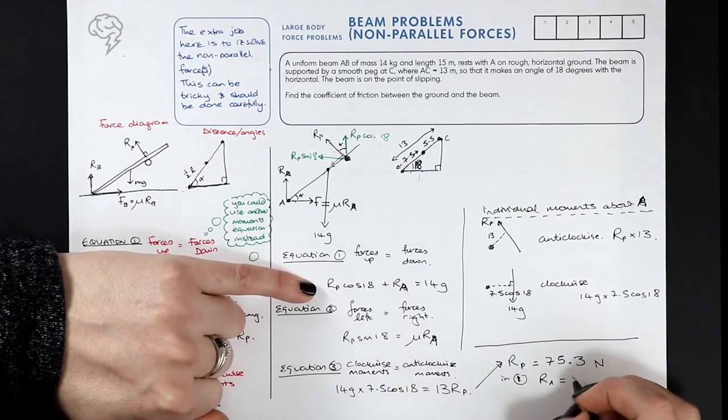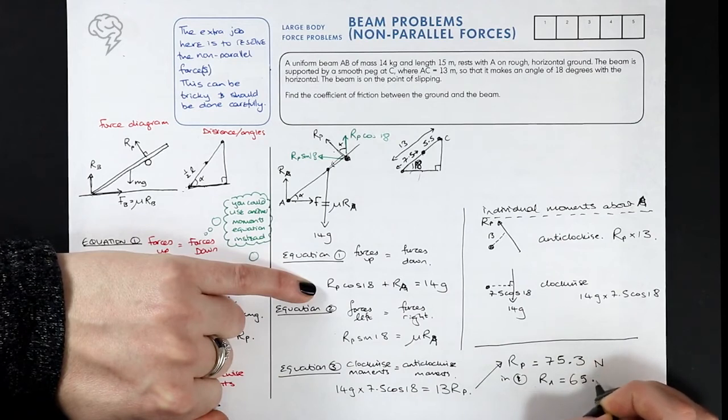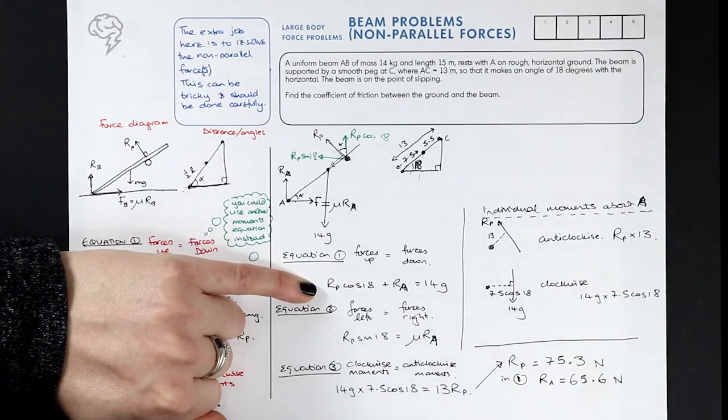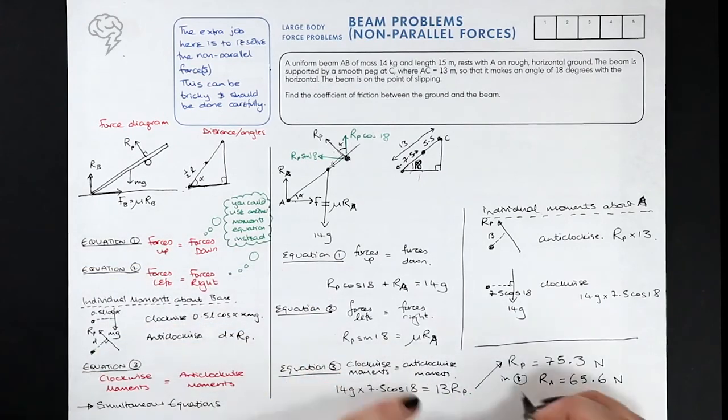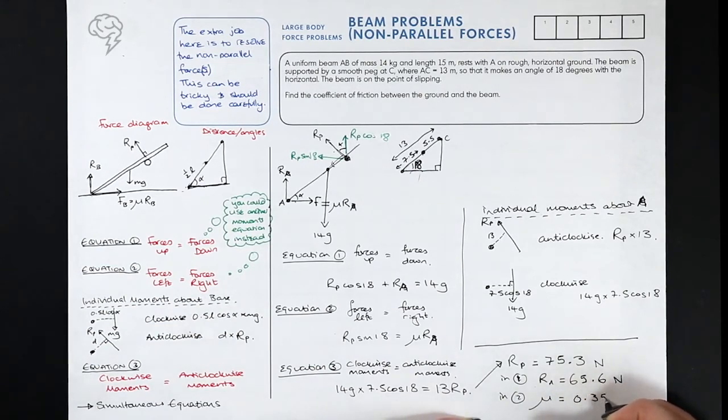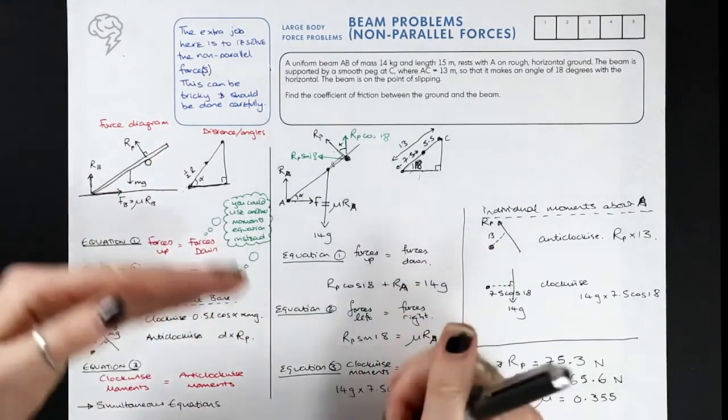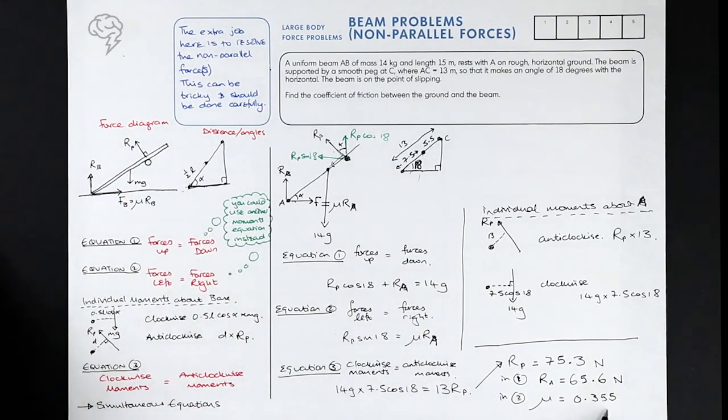This is 65.6 newtons. And then I can use these two things in equation 2 to get mu. So to three significant figures, we get 0.355. So long as we haven't done any premature rounding, kept all our accuracy all the way through the simultaneous equations, then you get 0.355. Coefficient of friction does not have any units, so that is your final answer.